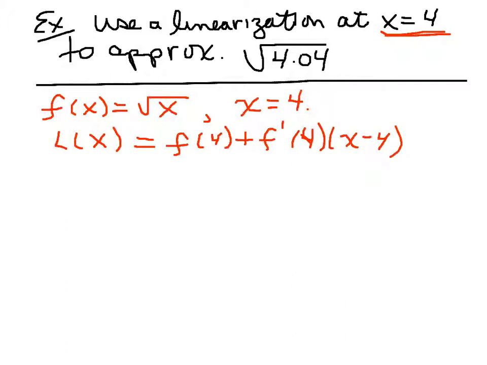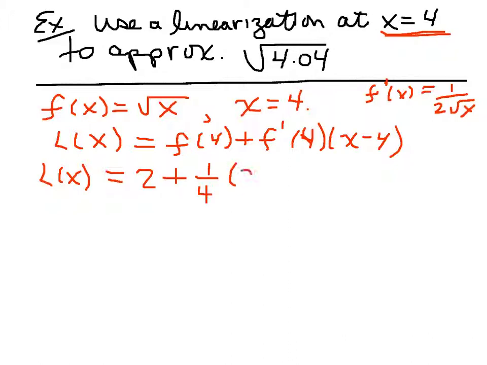Now remember, f(x) is equal to the square root of x, so that means f prime of x is 1 over 2 times the square root of x. And so when x is equal to 4, the derivative is 1/4. So therefore we can write the linearization as f(4), which is 2, plus f prime of 4, which is 1/4, times (x minus 4).